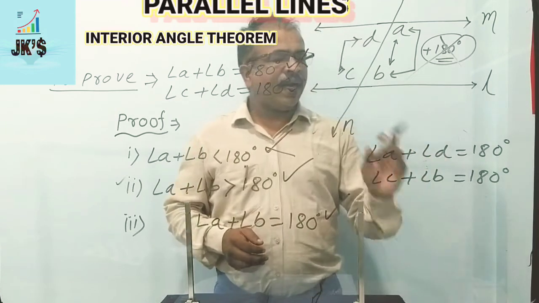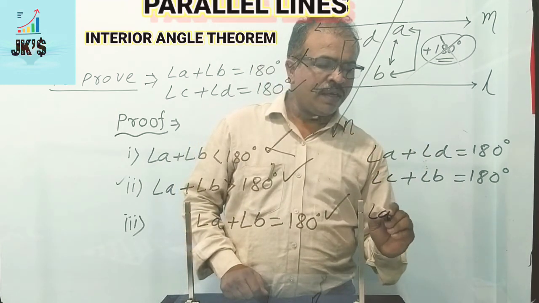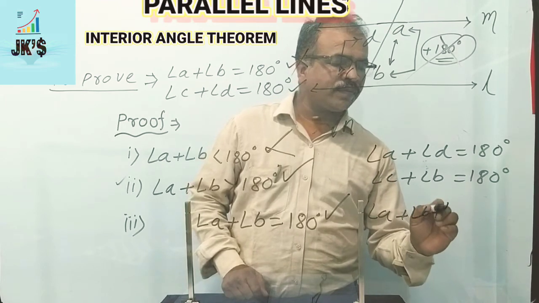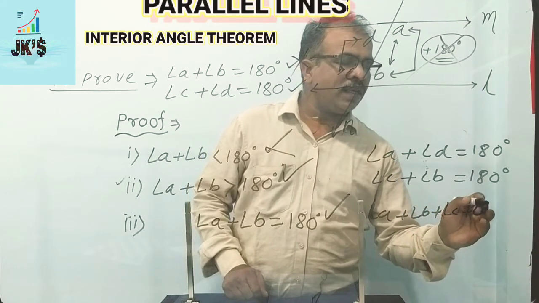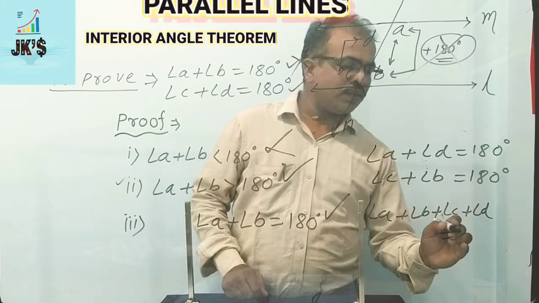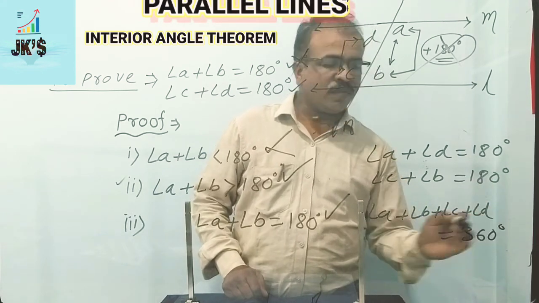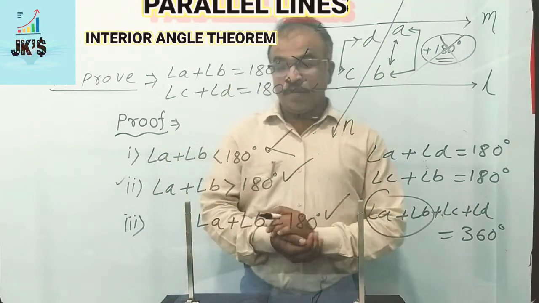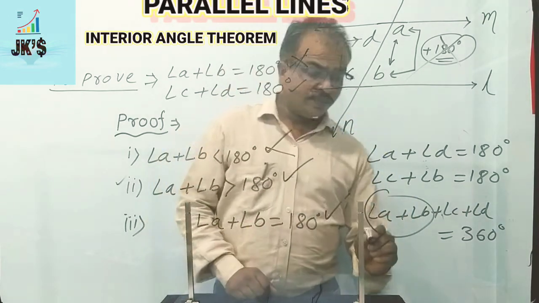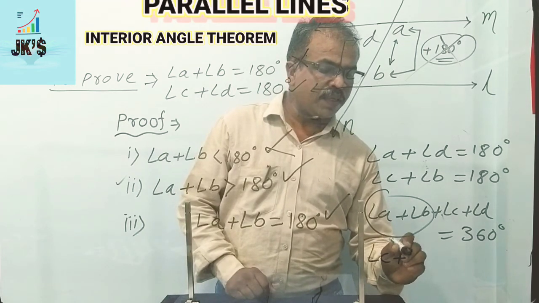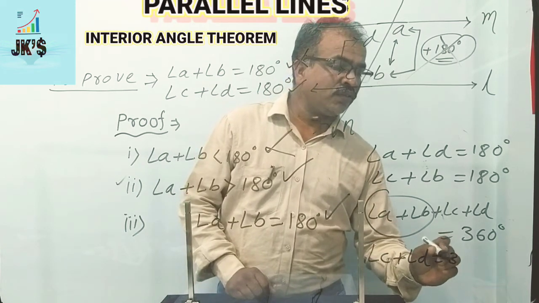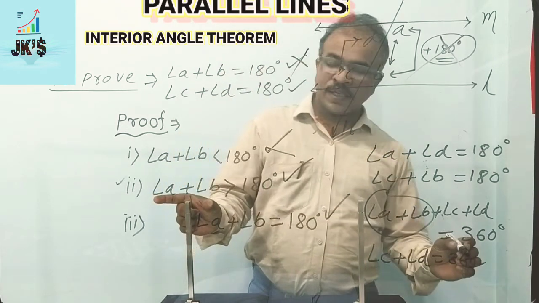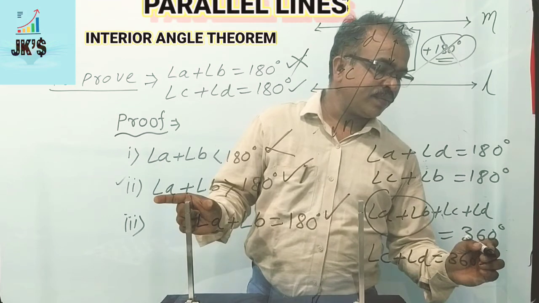So we add these two: angle A plus angle B plus angle C plus angle D equals 180 plus 180, which is 360. But we are considering that angle A plus B is greater than 180. So angle C plus angle D equals 360 minus A plus B, which is greater than 180.